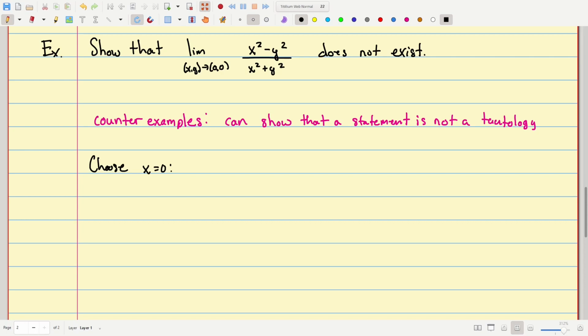If we choose the path x equals 0, then you don't have to write it this way, but you can replace the x here with the 0. Then we get this expression as the one that we're trying to find the limit of. And we can see that this reduces to -1.